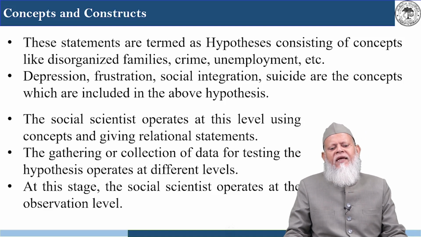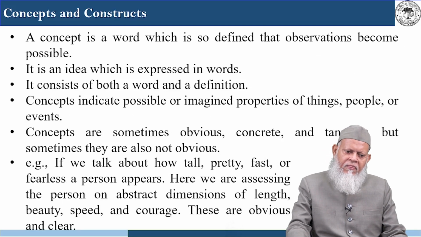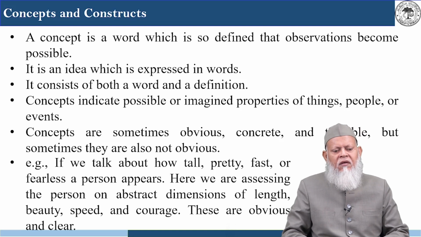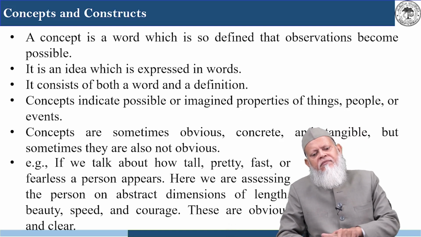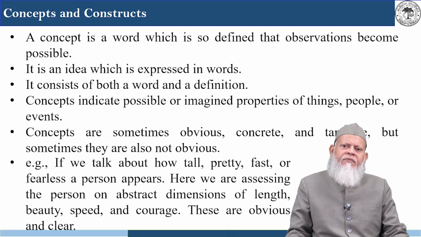The gathering or collection of the data for testing the hypothesis operates at different levels. At this stage, the researcher operates at the observation level. So, what is a concept? A concept is the word which is so defined that observations become possible.